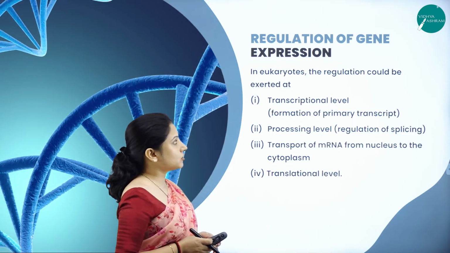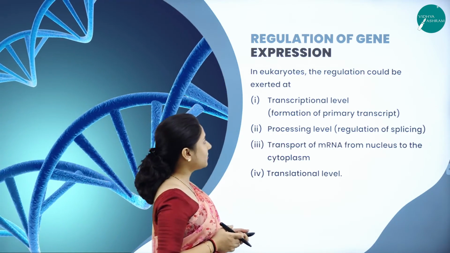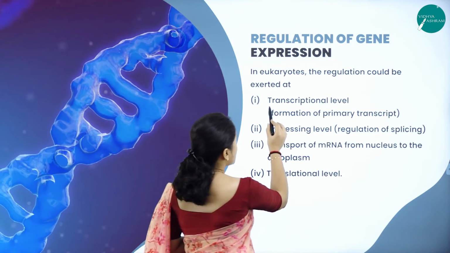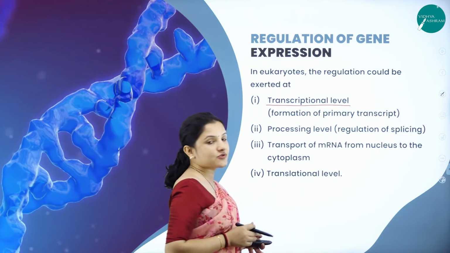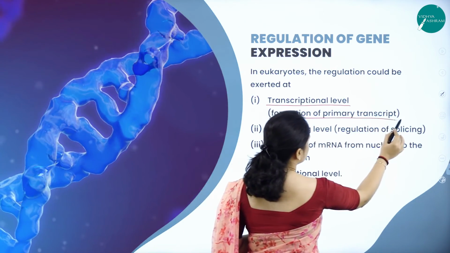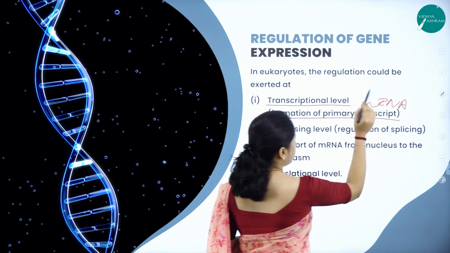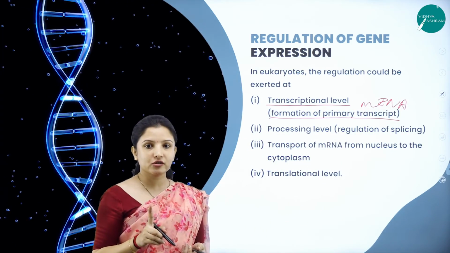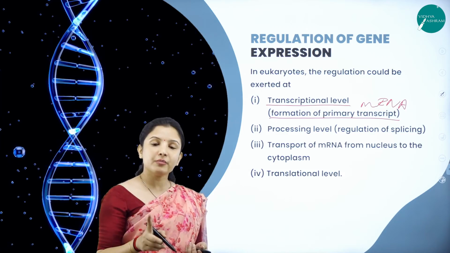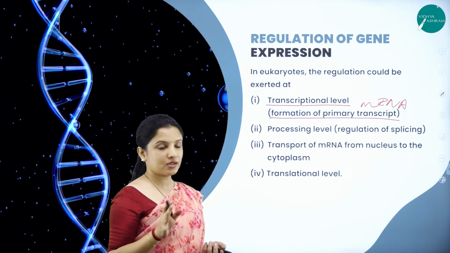So in eukaryotes, the regulation of gene expression can be studied under the following subheadings, that is, at the transcriptional level. At the transcriptional level, what gets formed? The primary transcript, right? What is the primary transcript there? That is nothing but the mRNA. So the first step in the regulation of gene expression is the formation of the mRNA strand. That is the transcriptional level.